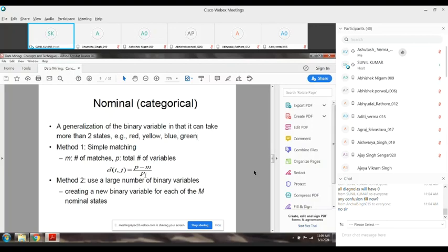Now the question arises, what is p and what is m. m is the number of matches, means common between object i and j, and p is the total number of variables.